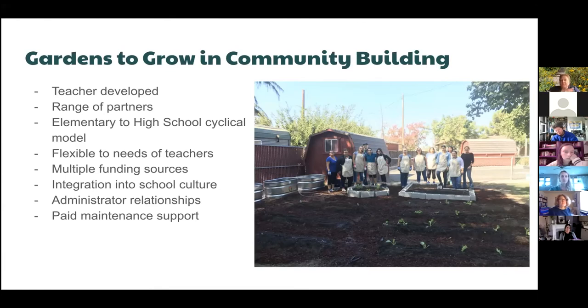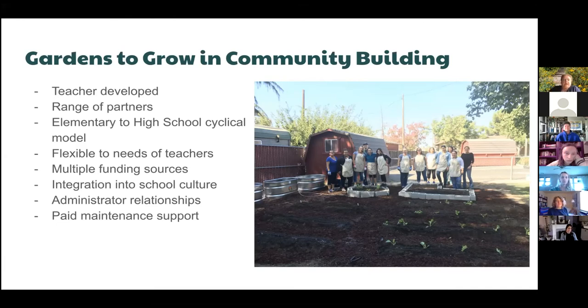This school district teacher homegrown story was similar with PEAS and Gardens to Grow In. They have a range of community partners, and they spoke to partnering with the cooperative extension, food literacy partners, and making sure that they have really deep connections with the teachers as well.